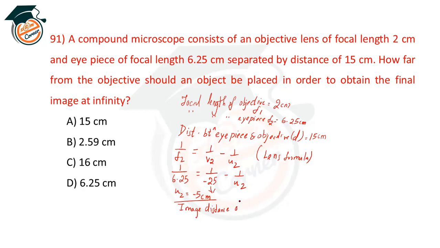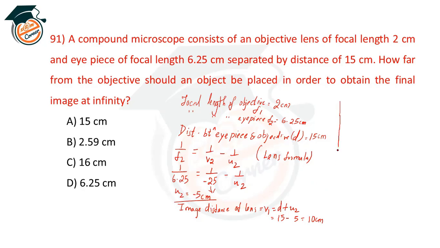Image distance of the lens v1 equals D plus u2, which is equal to 15 minus 5 equals 10 centimeter. This will be used to calculate the objective distance at which the object is to be placed in order to obtain the final image.